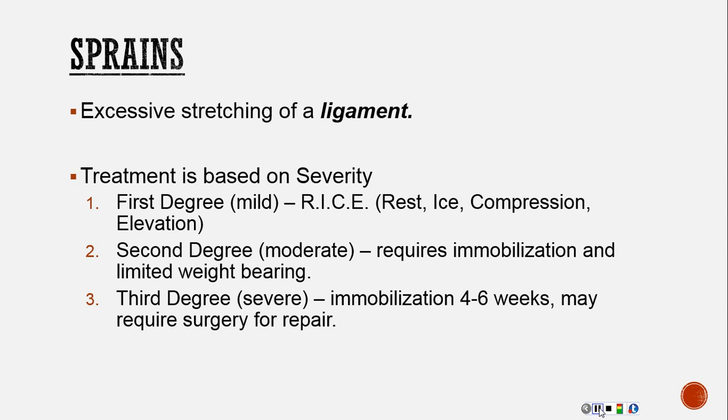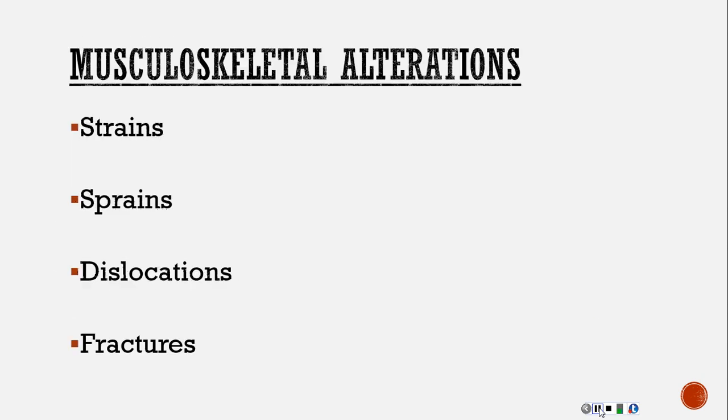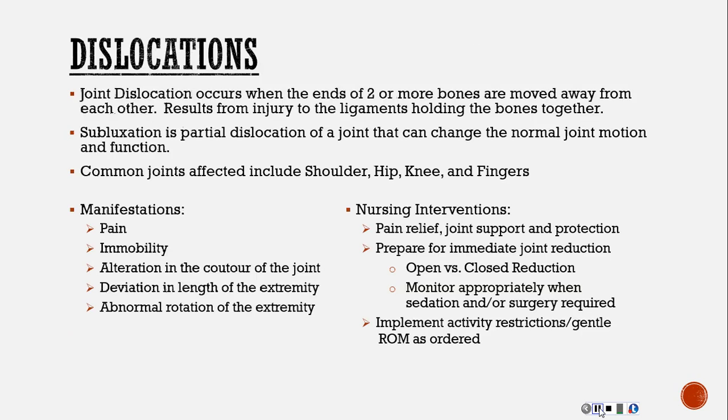Alright, next we've got our dislocations. A joint dislocation occurs when the ends of two or more bones are moved away from each other. Bones that should be in close proximity are moved away.